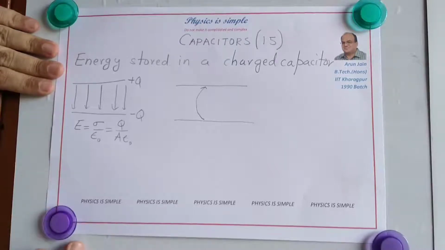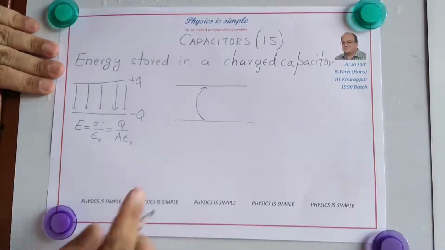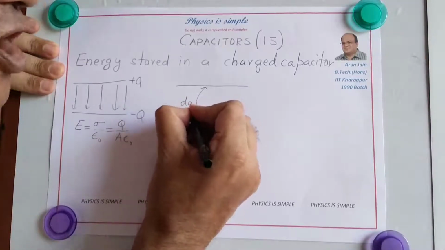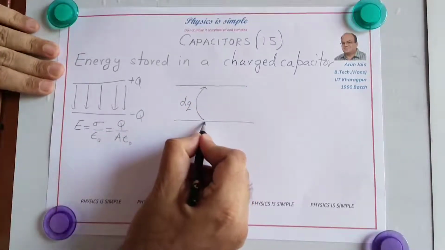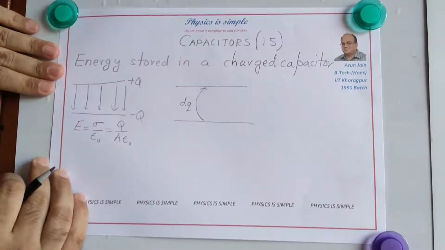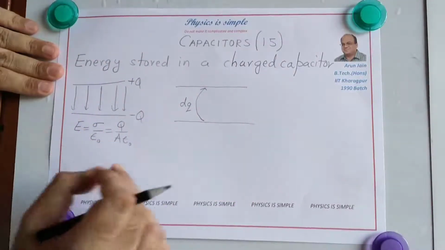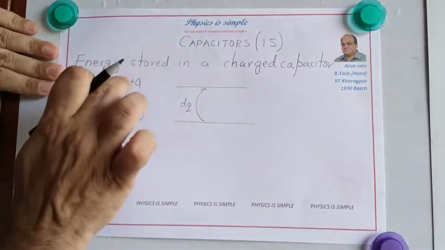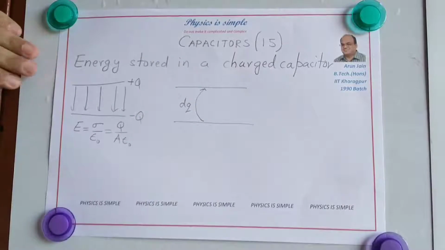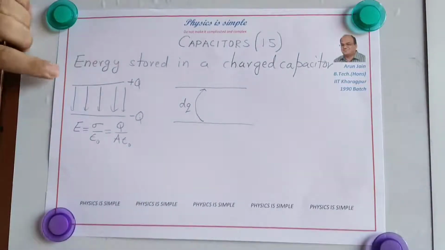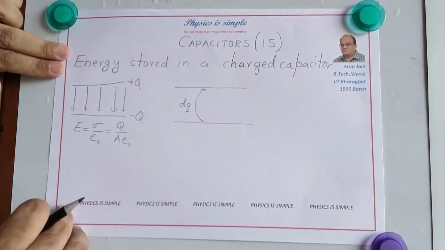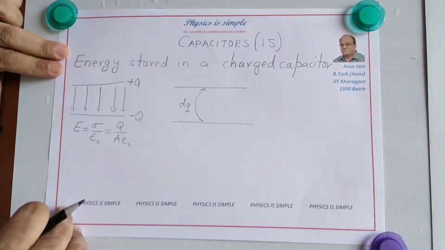So this external agent is basically taking a plus charge dq from the minus plate and putting it on the plus plate. This is done continuously till the charge on this plate has become plus Q, on this plate has become minus Q. So whatever work that external agent has done is stored as potential energy.